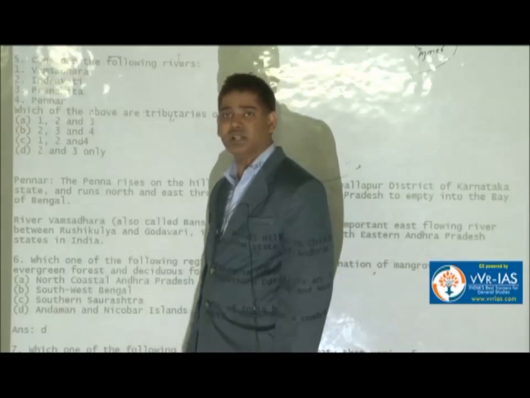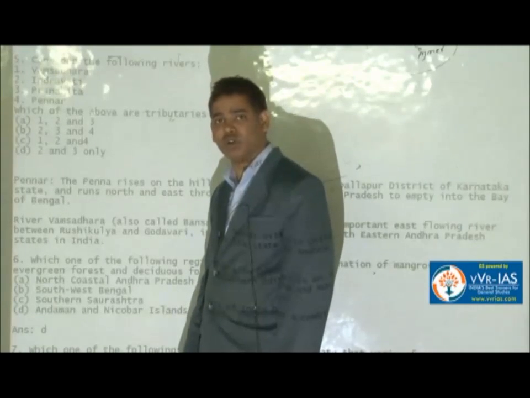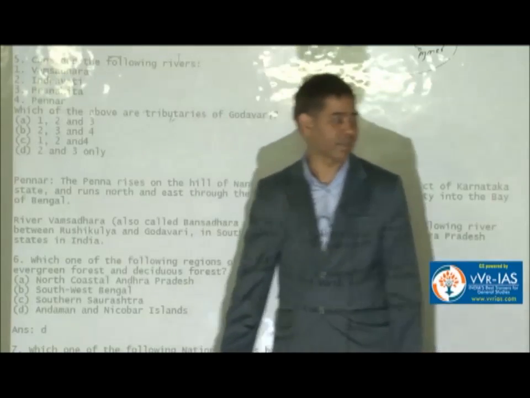Indravati and Pranahita are tributaries of the Godavari. Let me show you the map of Godavari, you will get a clear idea.